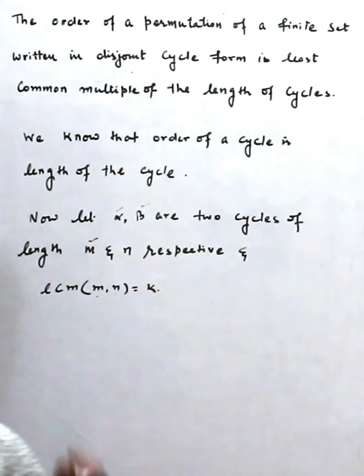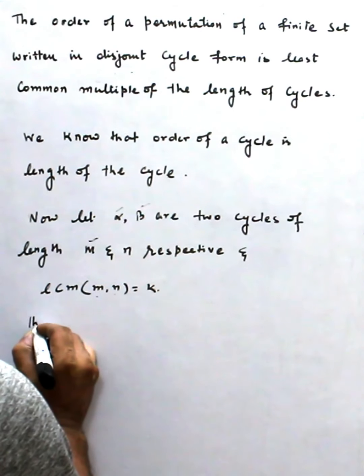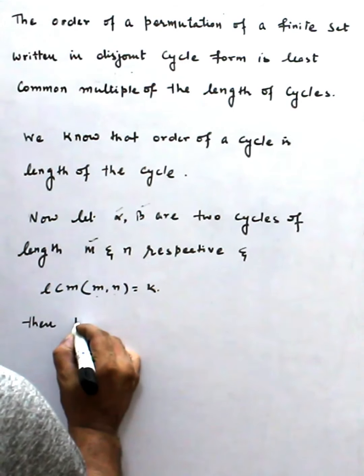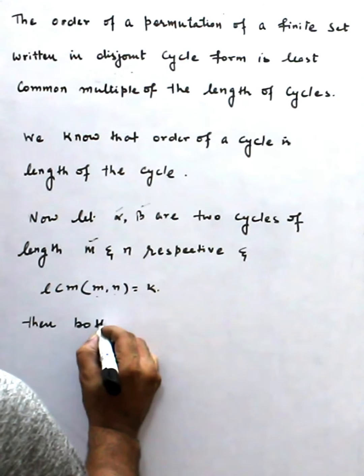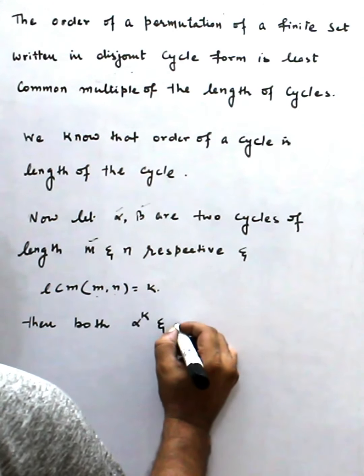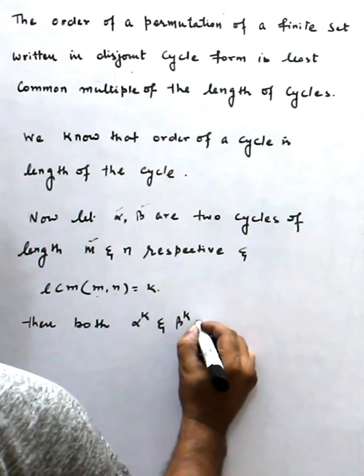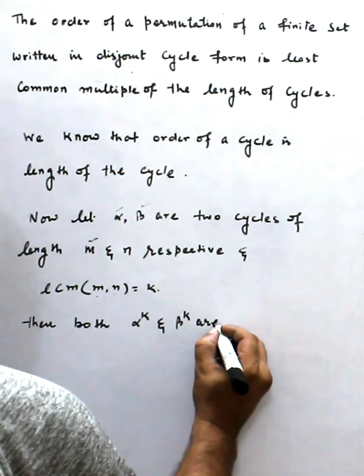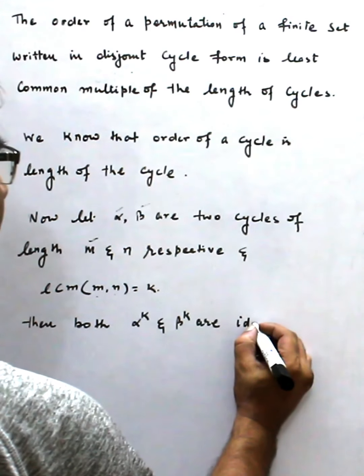Now both alpha k and beta k are identity.